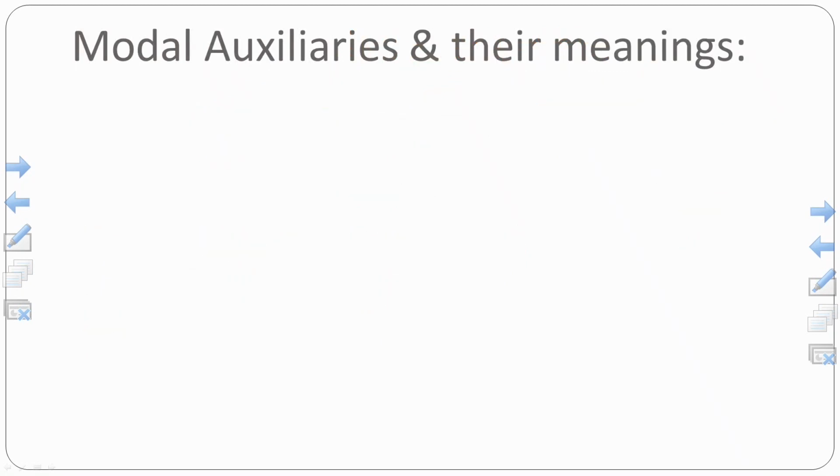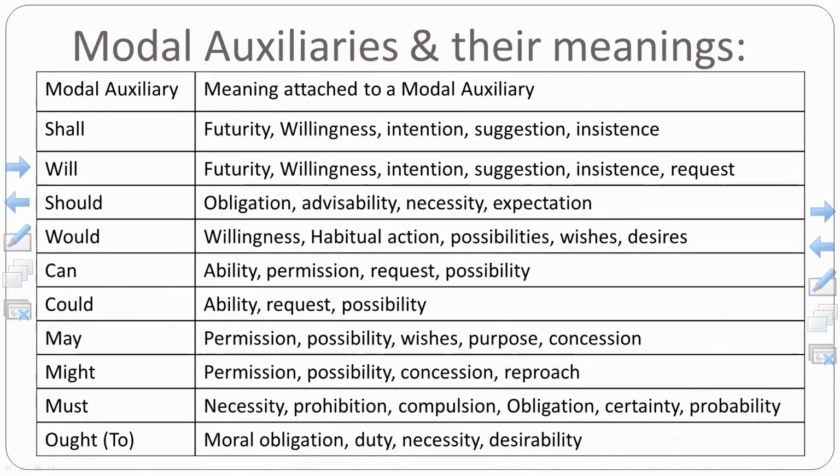Now let's try to understand the meanings of modal auxiliaries in more detail. We just used one auxiliary in the previous slide, that is can. Now let's begin with can. Can depicts ability: yes, I can.